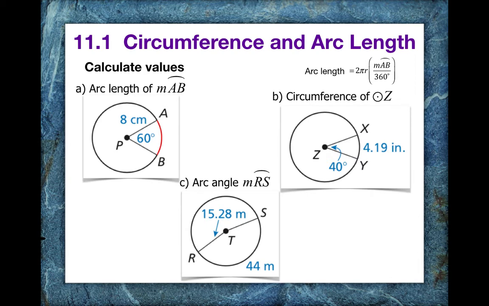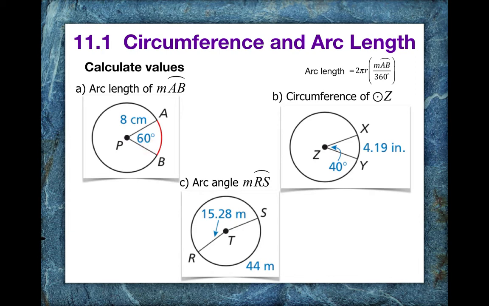In this case, we have a couple examples. For A, we have 8 centimeters, and we can find the arc length from A to B by using the radius and the angle, the central angle.